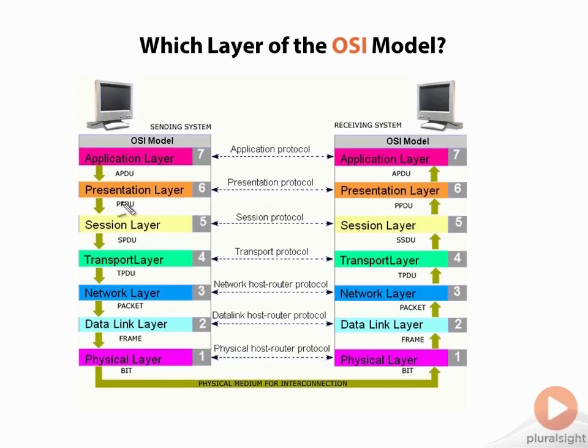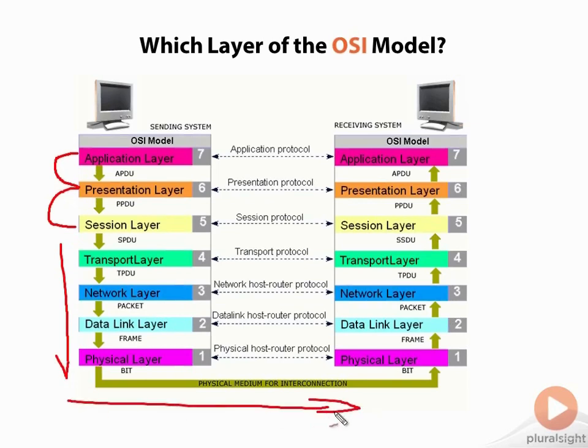So since we said that the ICA protocol works at the presentation layer, you'll find that as soon as the client is initiating those mouse clicks and keyboard clicks, and they're interacting with the application layer, that is then going to send that to the presentation layer. Presentation layer is going to send it down the stack all the way to the physical layer. The physical layer will then transfer it across, and then it gets deconstructed on the other side all the way up to the presentation layer.